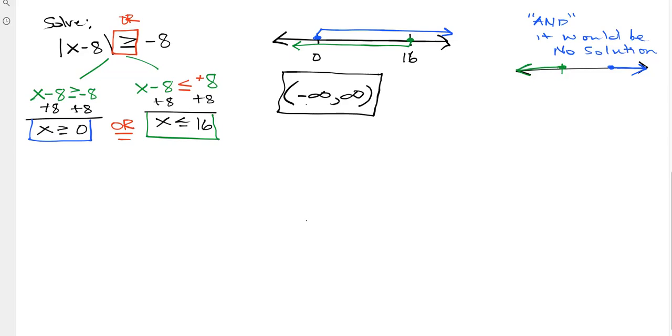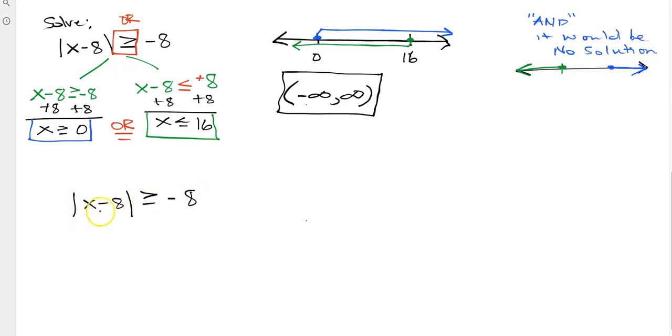So anytime I get a question that is greater than a negative number, would it always end up being all real numbers? Yeah, so let's look at that. So if I take a look at this, I'm going to write this down here again. So x minus absolute value of x minus 8 is greater than or equal to negative 8.